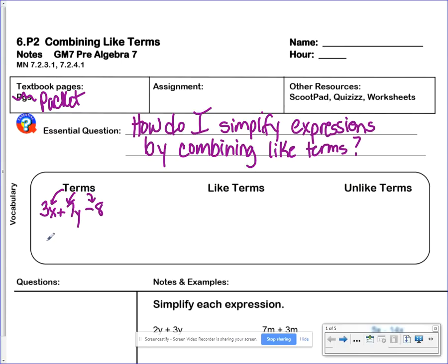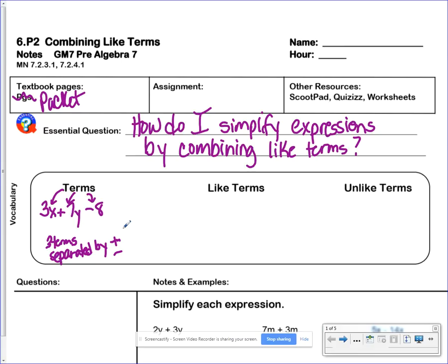So this one has 3 terms in it. Notice they're separated by positive and negative signs, or addition and subtraction. That's how you tell them apart.